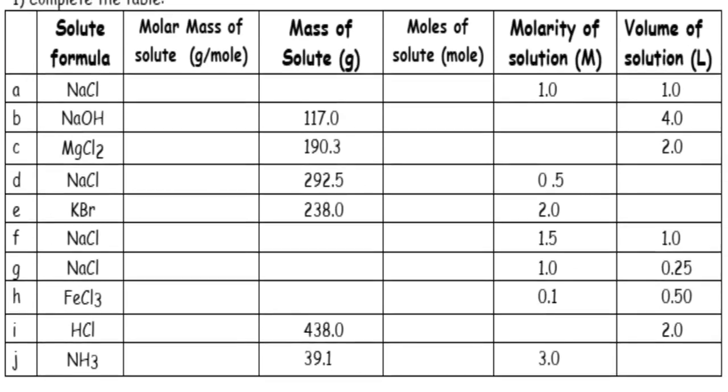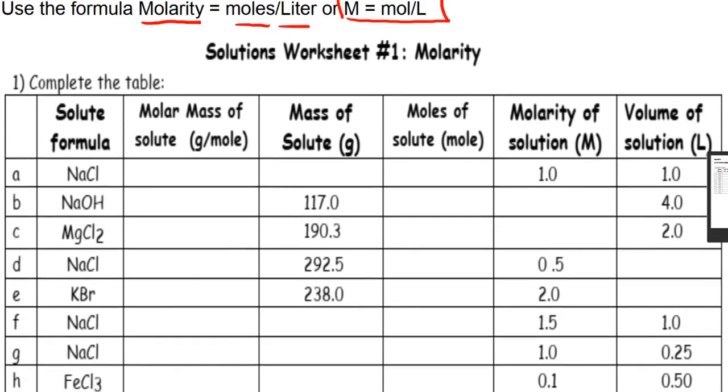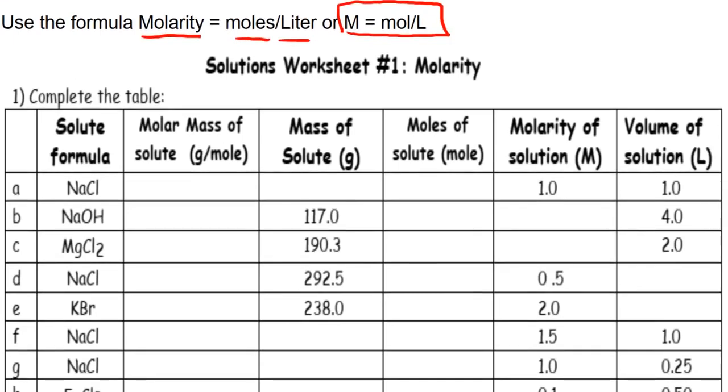So the molar mass of a solution, remember, we'll do letter A. First of all, we have to list our elements. For NaCl, we want to put the atomic mass times the number of pieces. Remember, there are hidden ones.